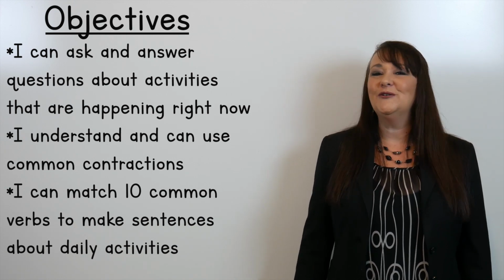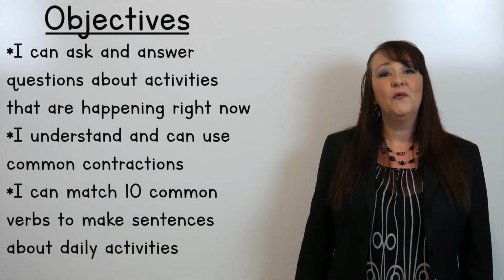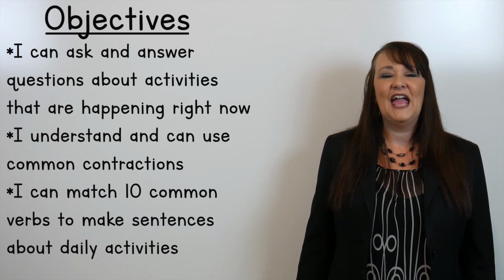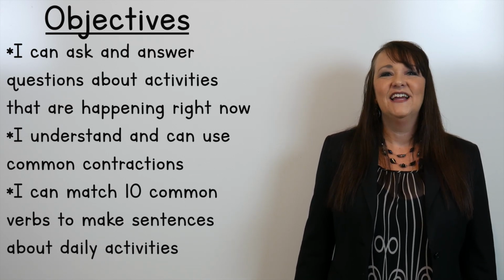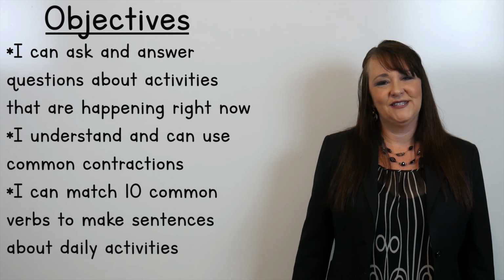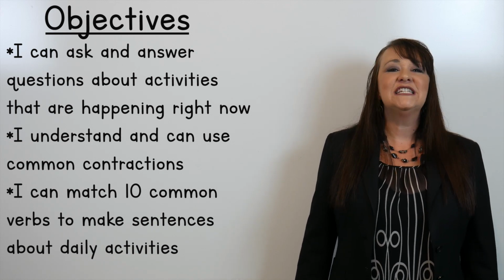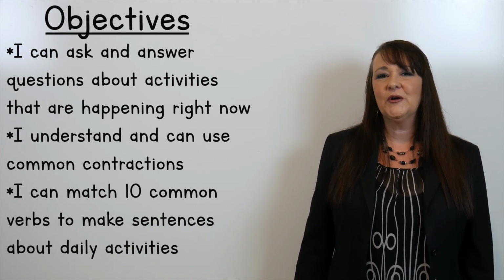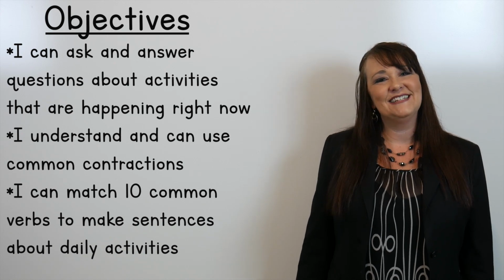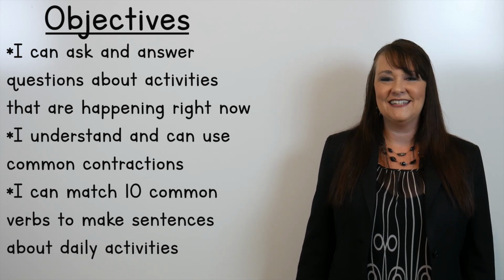We learned 2 new contractions today with isn't and aren't. The last objective says, I can match 10 common verbs to make sentences about daily activities. We did that too, didn't we? So that concludes today's lesson.